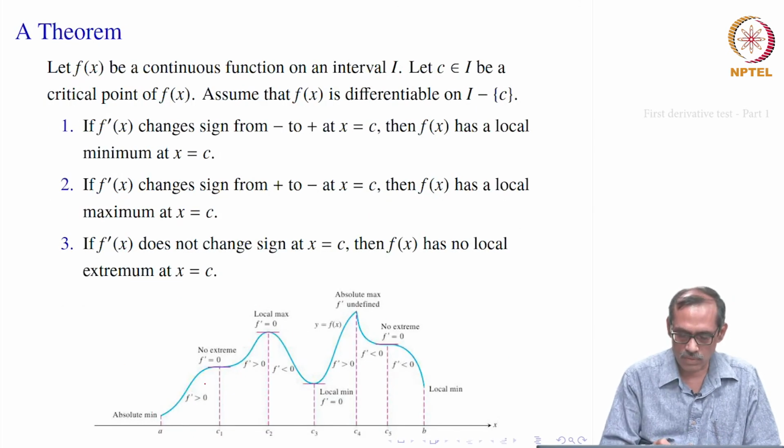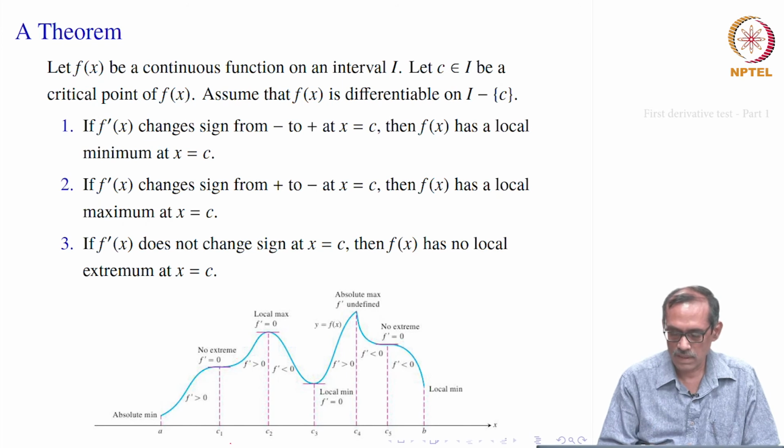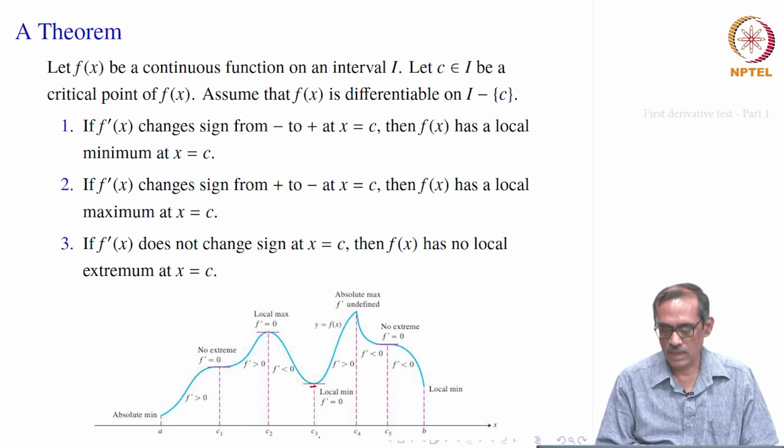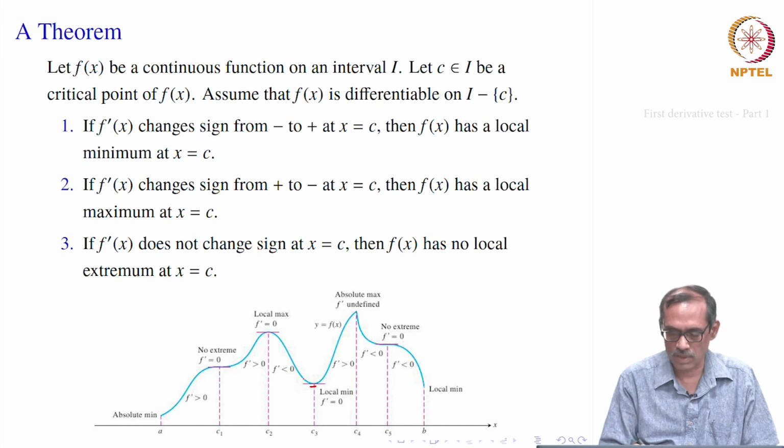So, how are you going to use this information? Let us look at, say, f, a function given like this. Look at the picture. Then f prime equal to 0 at a point, say f prime at c3. Here f prime is less than 0, but all that we need is a neighborhood c minus delta to c plus delta, where f prime is negative on the left of c, and on the right of it f prime is positive.